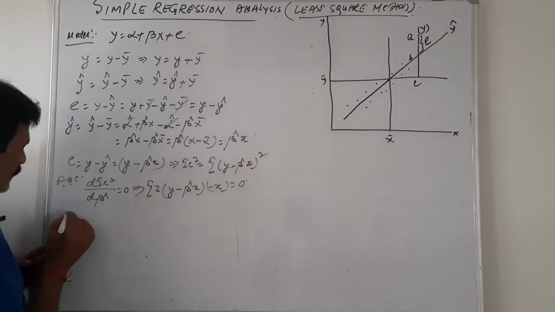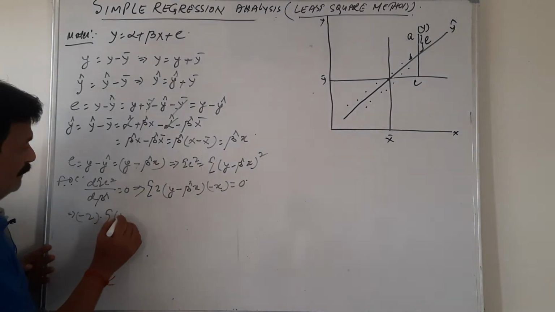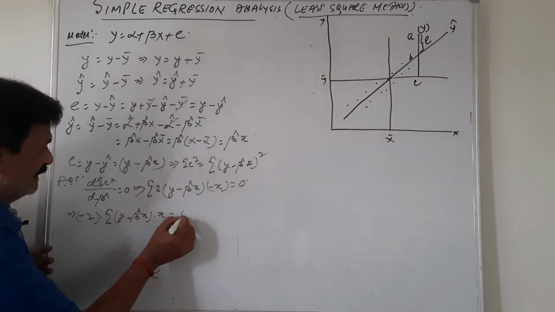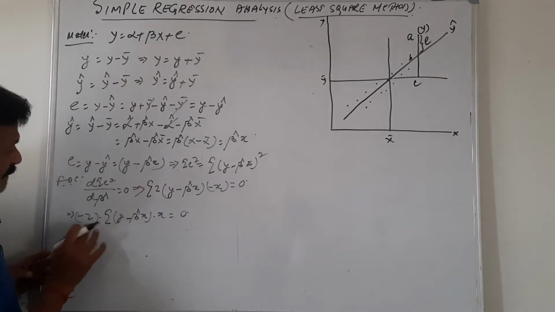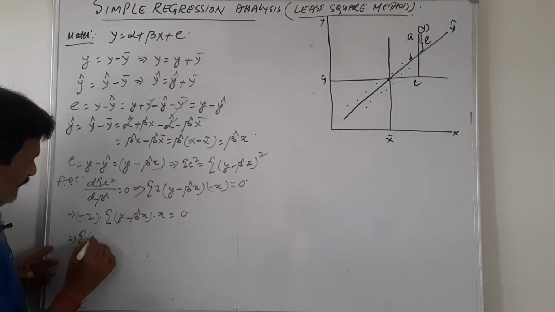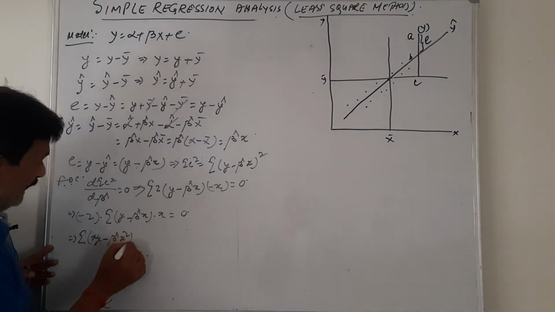Once again minus 2 is taken outside. So minus 2, we have y minus beta cap x into x equals 0. This is left out. So it is summation xy minus beta cap x square equals 0.